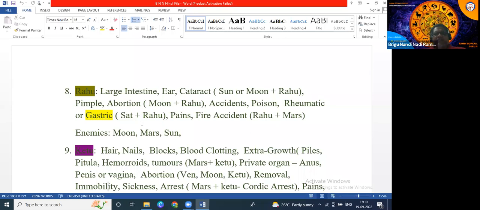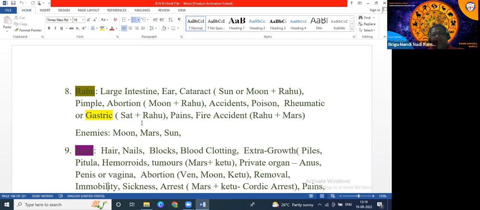Rahu is accident. So Rahu is with the body governing planet Mars. So if Rahu is conjoined with Mars, the native will get accident. And moreover, if it is a fire accident, Mars is fire and Rahu is Kala. Kala plus Agni.